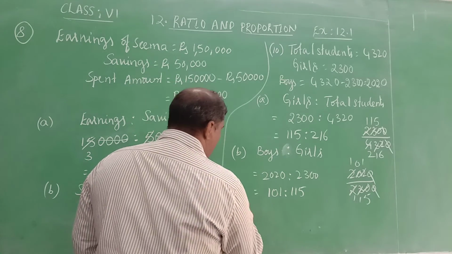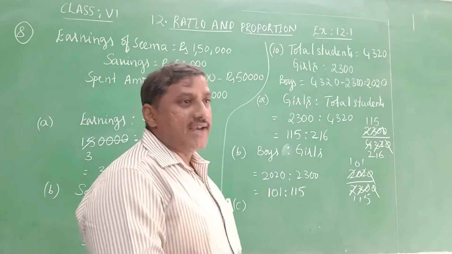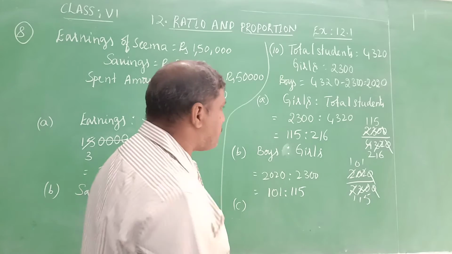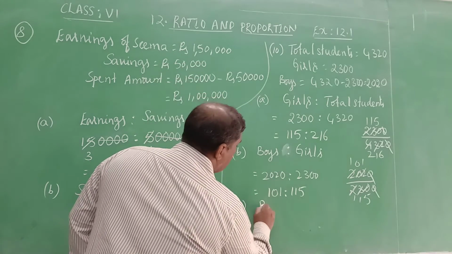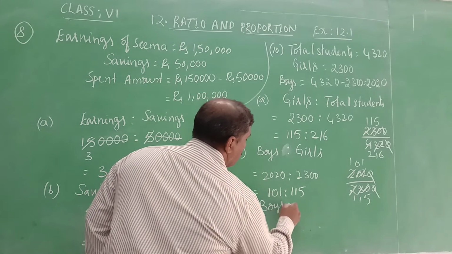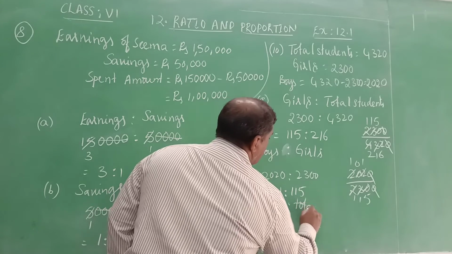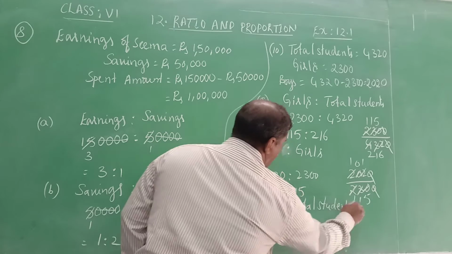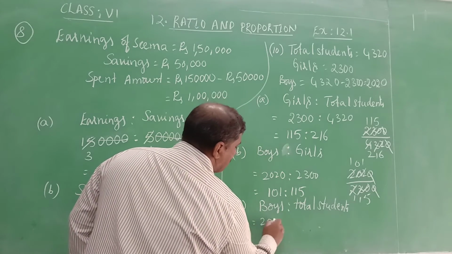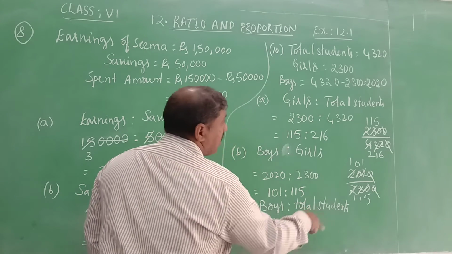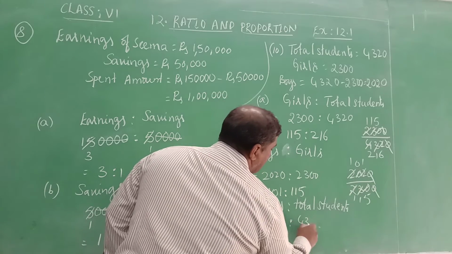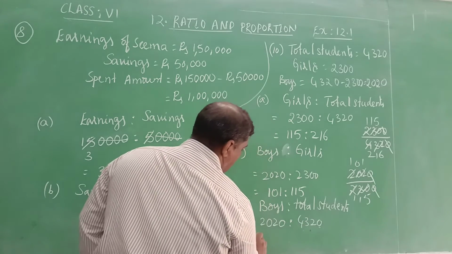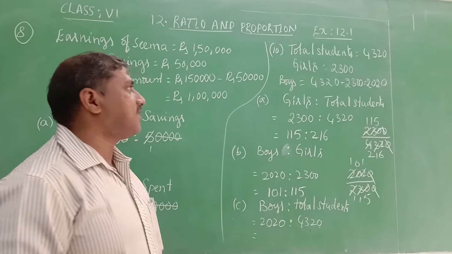Next we have the number of boys to the total strength. Boys is to total students. So how many boys we have? 2,020 is to total strength 4,320.